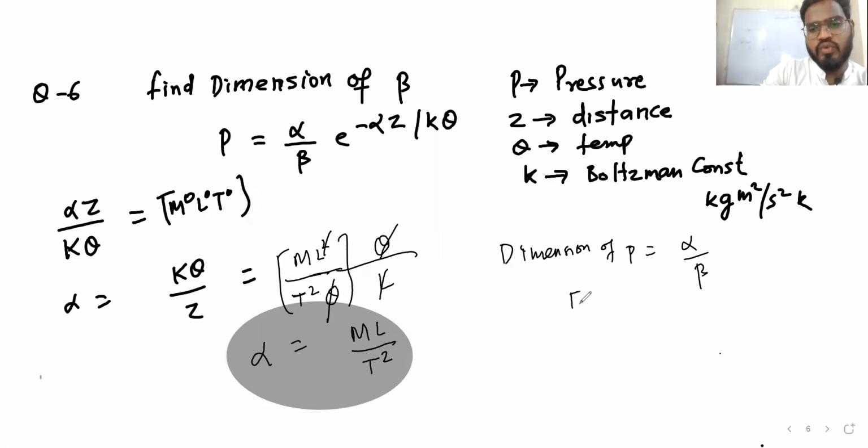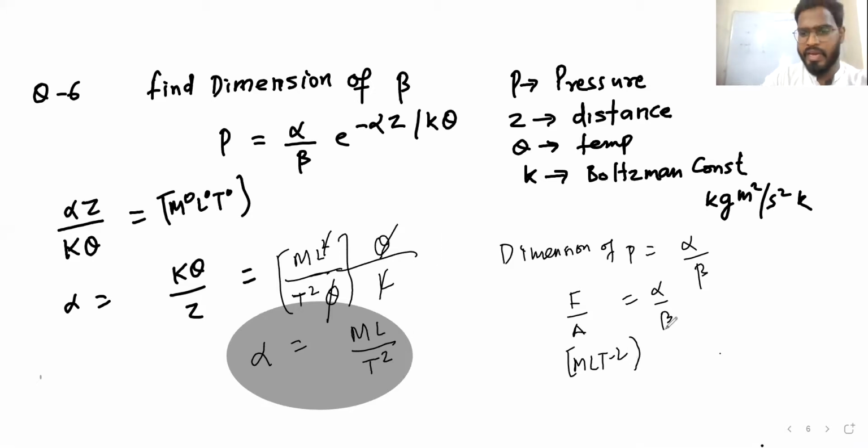Pressure is what, guys? Force by area. Is equal to alpha by beta. Force is MLT to the power minus 2, right? And area we can take directly L square, so L to the power minus 2. Pressure means ultimately beta will come up, so ML T to the power minus 2 is equal to alpha.